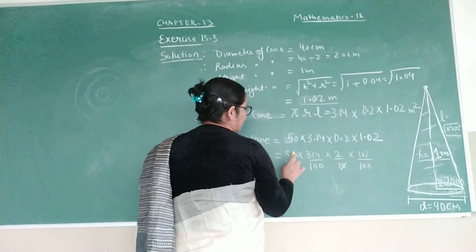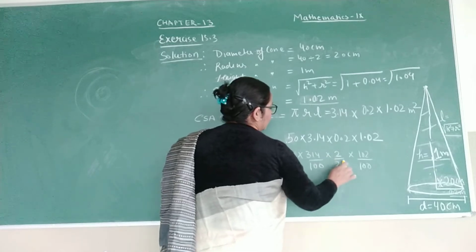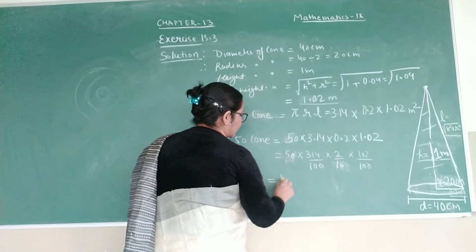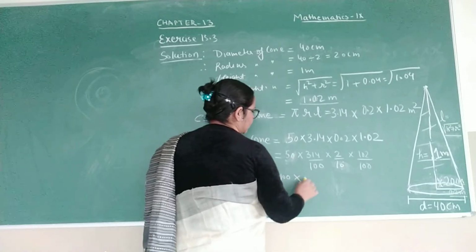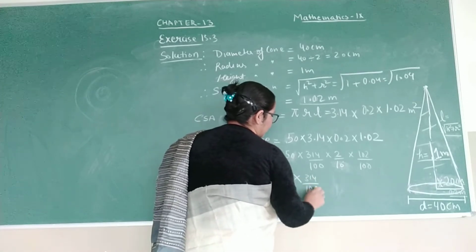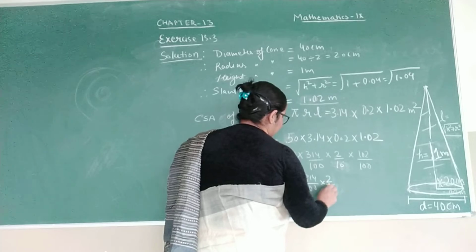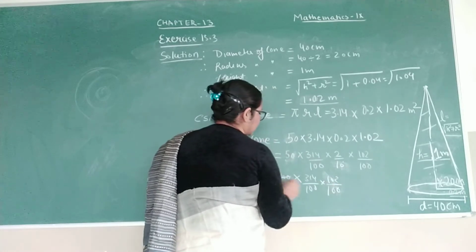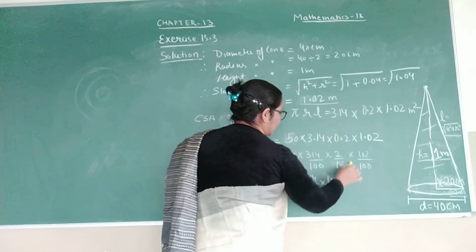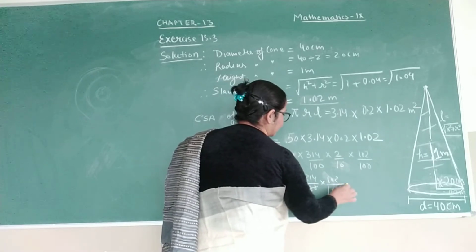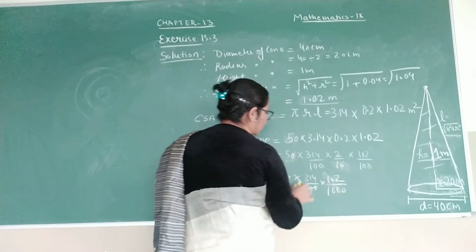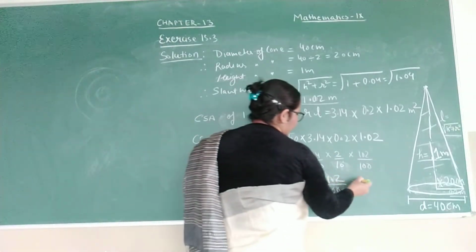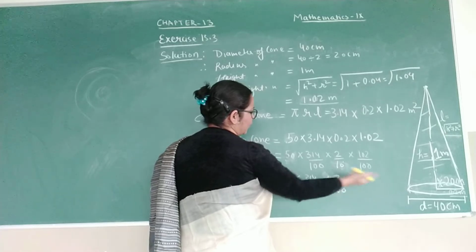Now you see here we have 50 times 2 by 10. So you can just multiply. It is 100 into 314 upon 100 into 102 upon 100, and we have this 10 also, so we can write 1000. So 102 multiplied by 314 is equal to, you can separate it as 100 plus 2.